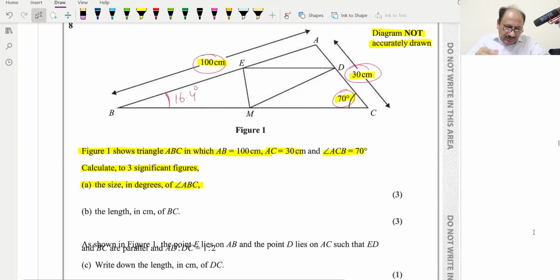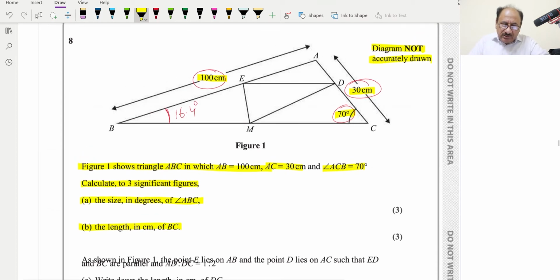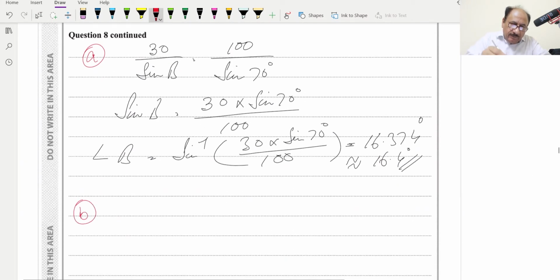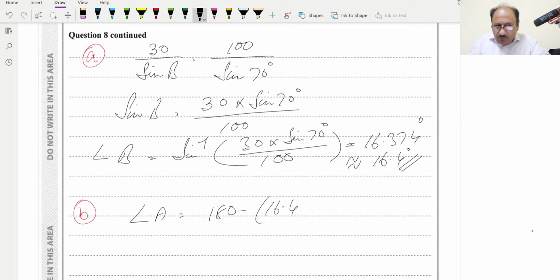And the B part, they are saying the length in centimeters of BC. So we can calculate the third angle also. We have two angles of the triangle ABC, so the third angle, angle A, will be equal to 180 minus 16.4 plus 70.